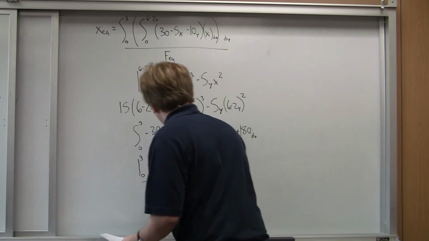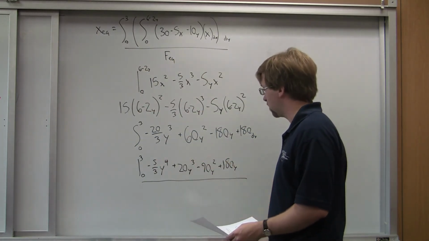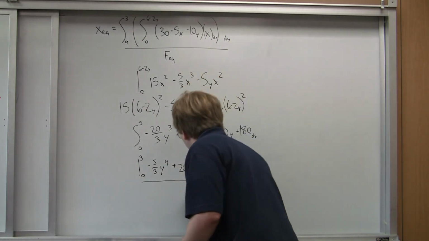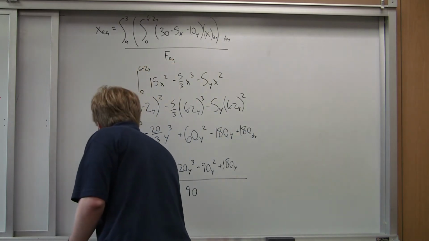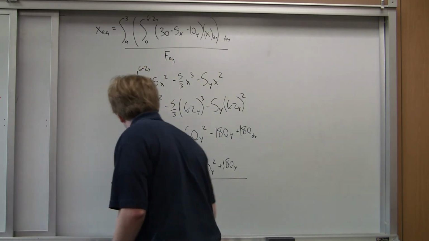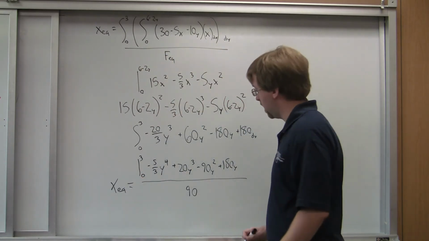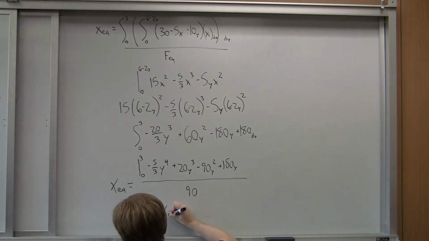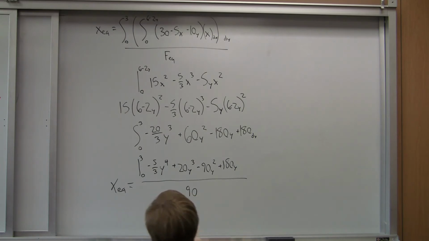And so if we evaluate this function from 0 to 3 and divide by FEQ, which is going to be 90, that's going to give us the value for XEQ. If we do all this math, we end up with an XEQ value of 1.5.